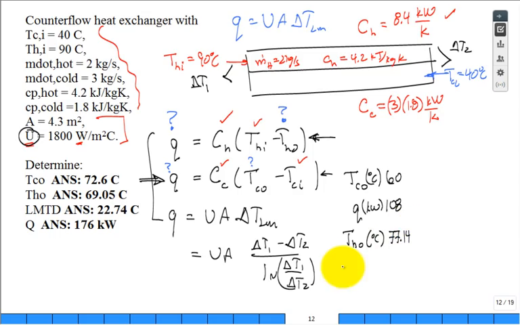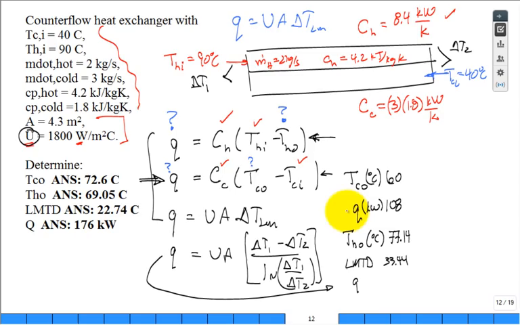Then we calculated the delta T, or log mean temperature difference, as an intermediate step, and it was 33.44 degrees. Then I calculated Q from the rate equation. This Q came from this equation, but this Q is from the rate equation, and you get 258 kilowatts.